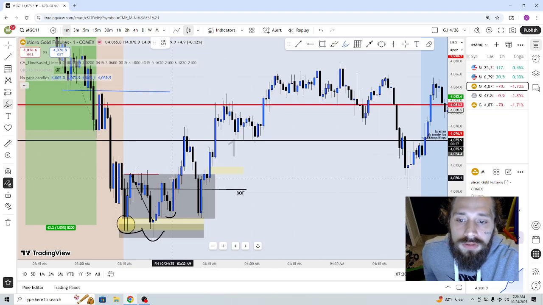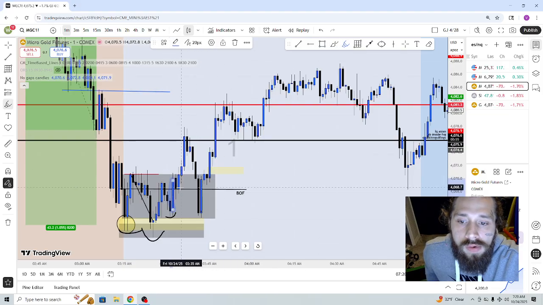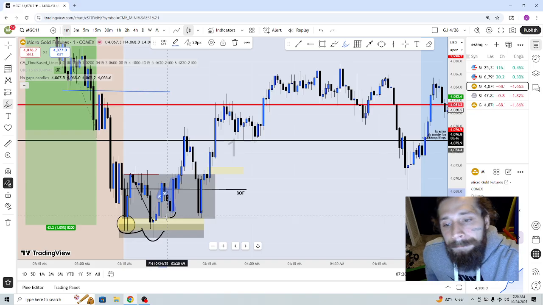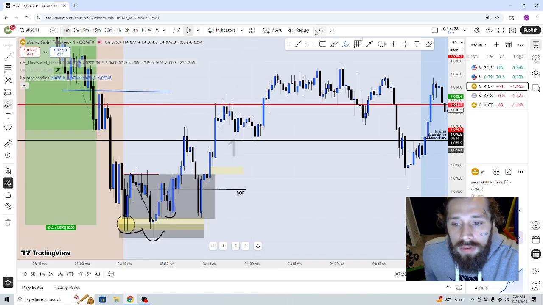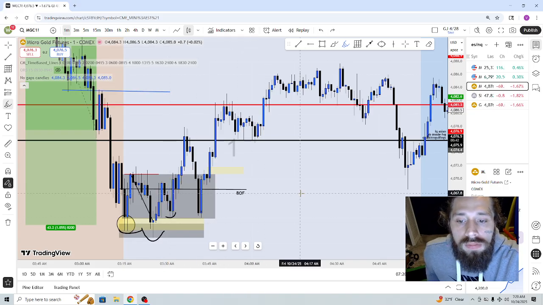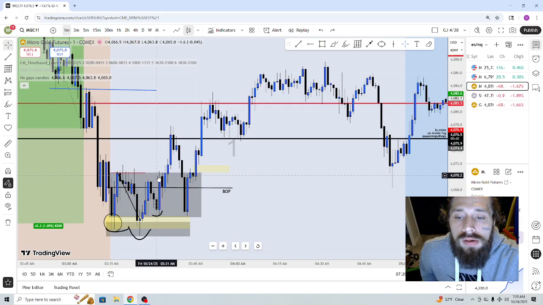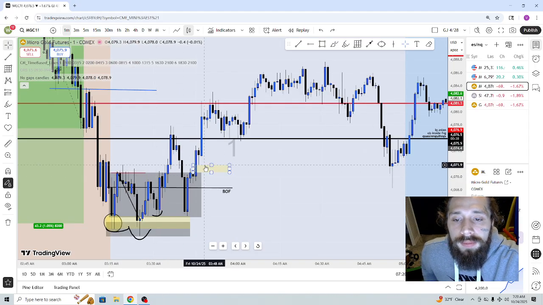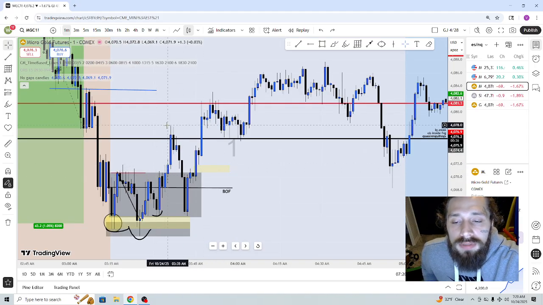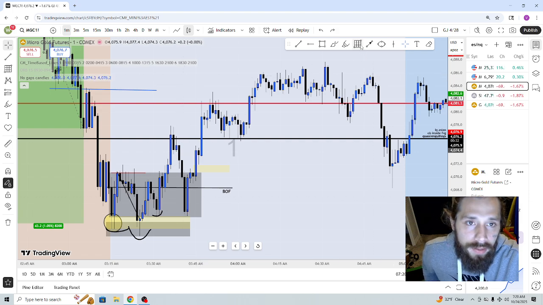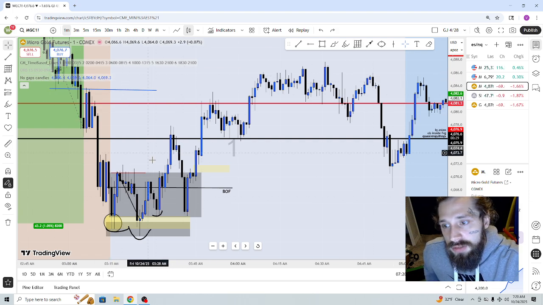Bullish engulfings, right here, right there, right there. Fair value gap, breakout point to the opposite side, retest of that breakout point. Again, 8, 9 confirmations off of raw price action.